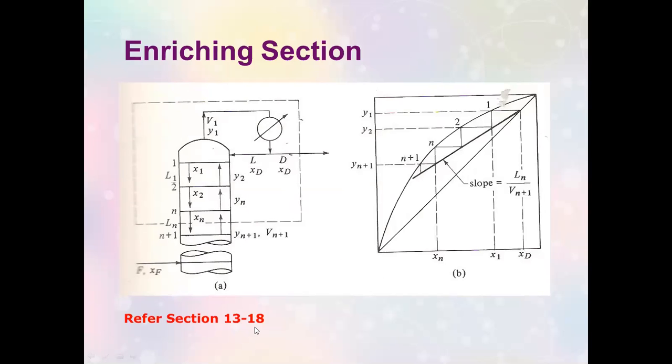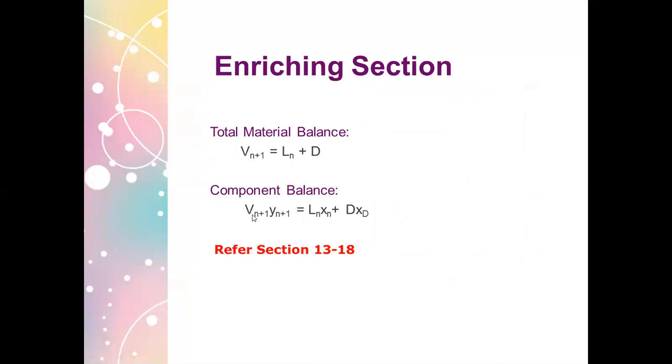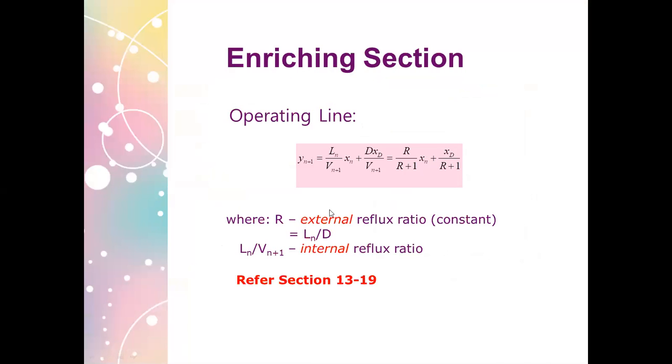You can refer to this section in your handbook, and you can also read from the soft copies you have of Geankoplis and McCabe. This is the component balance based on the total material balance of the enriching section only. From the component material balance, you will be able to get the operating line for the enriching section.